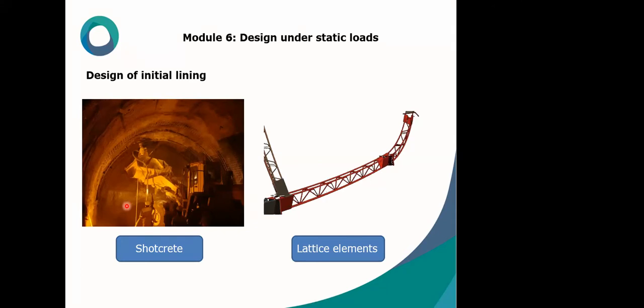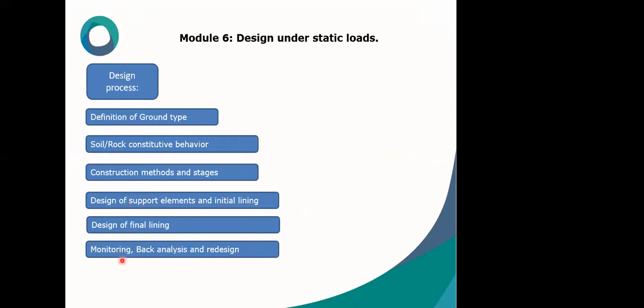This is called initial support, supposed to withstand temporary forces from the soil interface. As said before, monitoring during construction and back analysis and redesign, if needed, would be the last level.